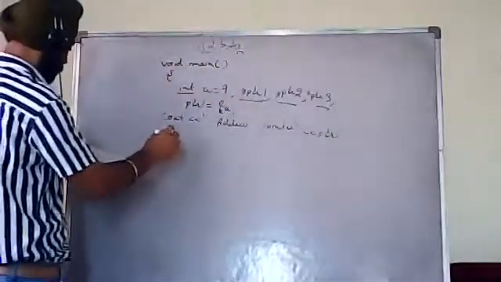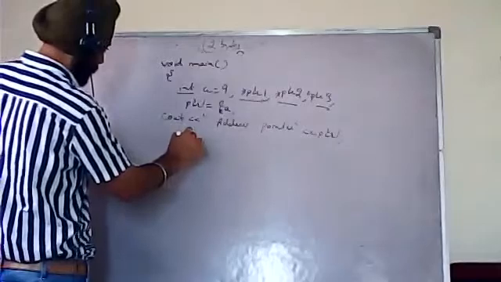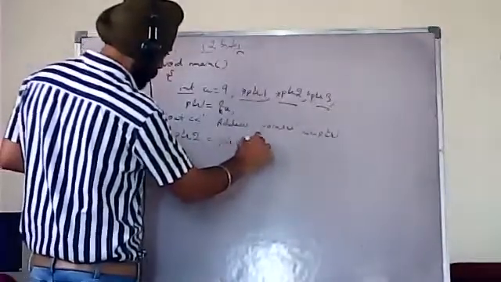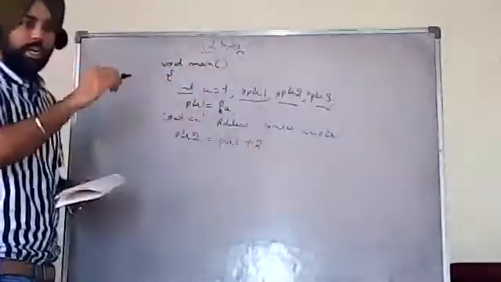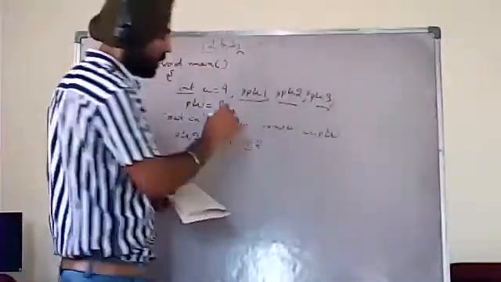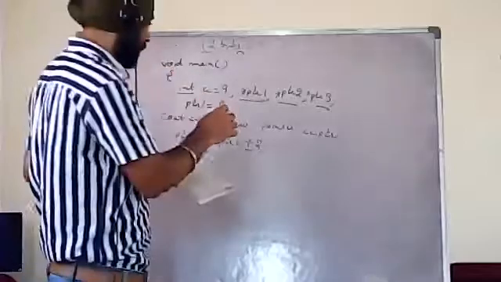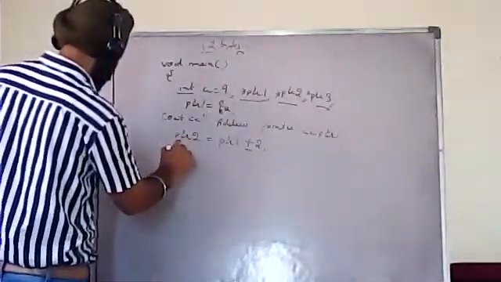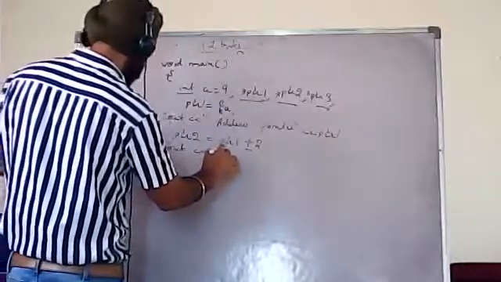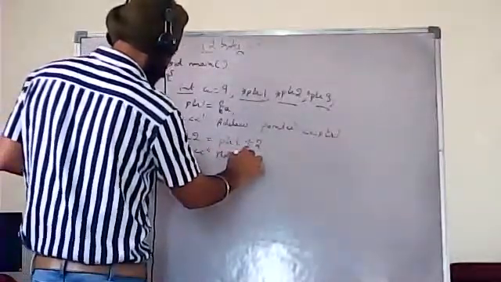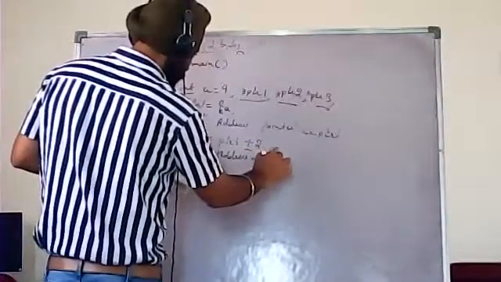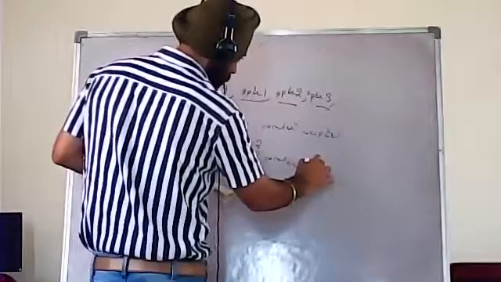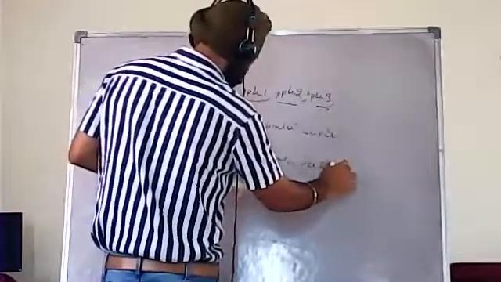for pointer 1. Now we just increment the pointer value, ptr1 plus 2. Here we use the arithmetic pointer, that is the plus operator. Then after that I want to print the address of ptr2.